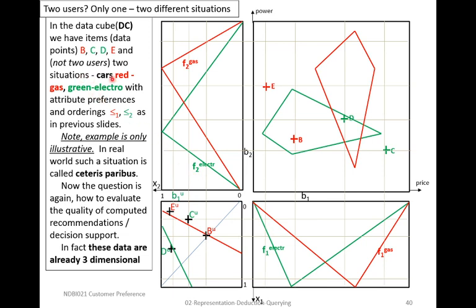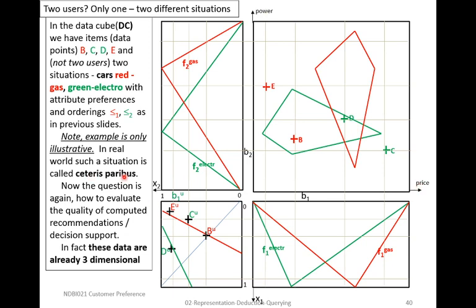For instance, there are red cars which have the gas engine, and then there are green cars which are electrically driven. Maybe the attributes are price and the power of the car, and maybe depending on the sort of car, the user can change his or her preferences. So this situation is known as ceteris paribus.